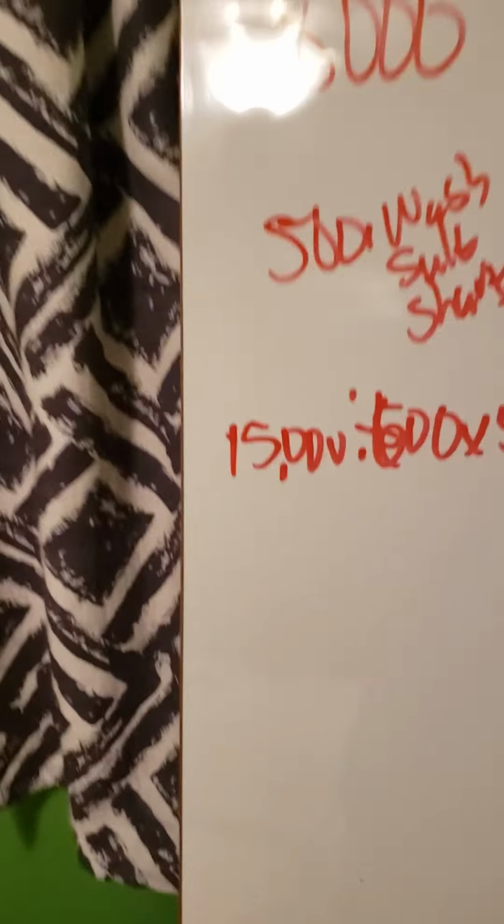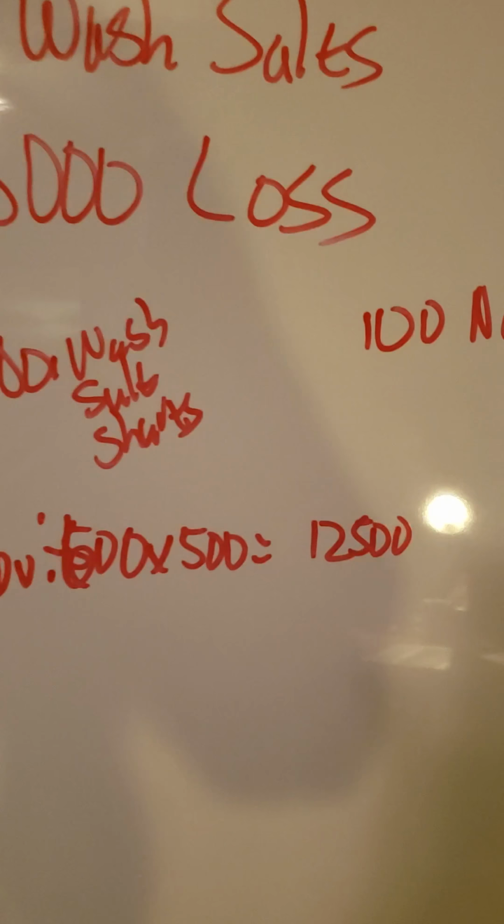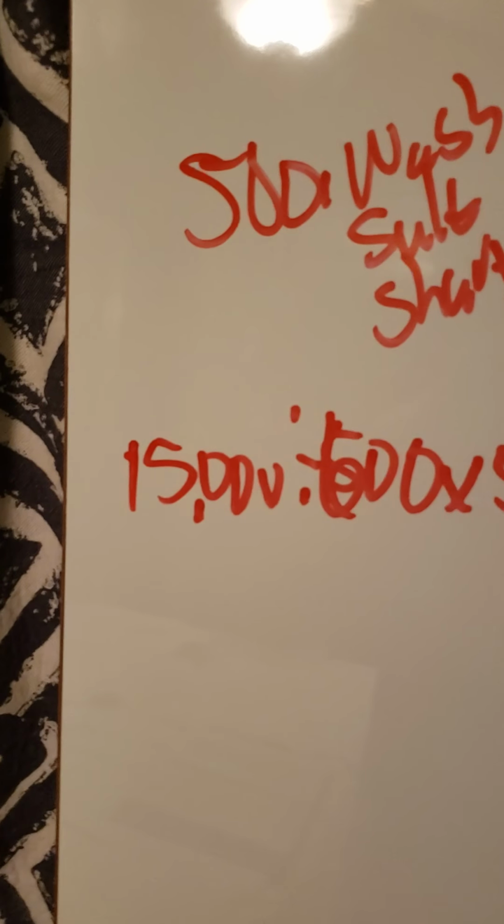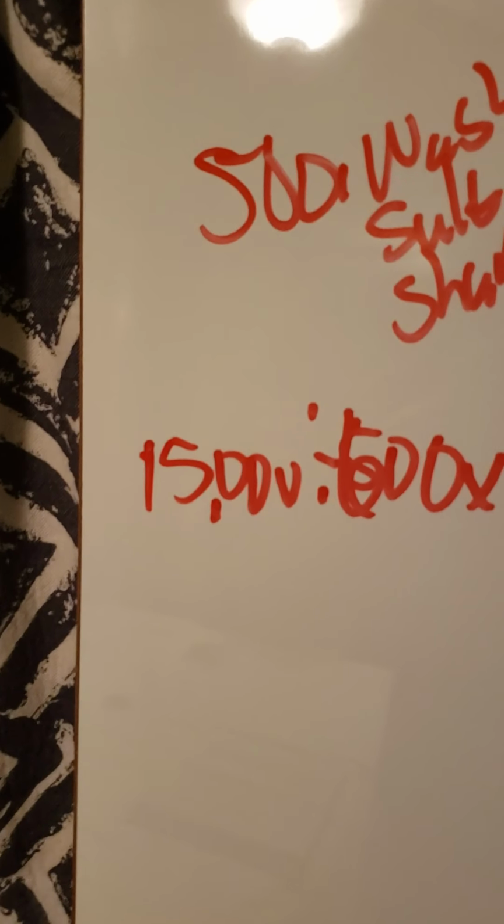So 15,000 divided by 600 times 500 gives me $12,500 is how much I paid for these wash sale shares, plus the $8,000 previous loss, gives me a basis now of $20,500 in these wash sale shares.